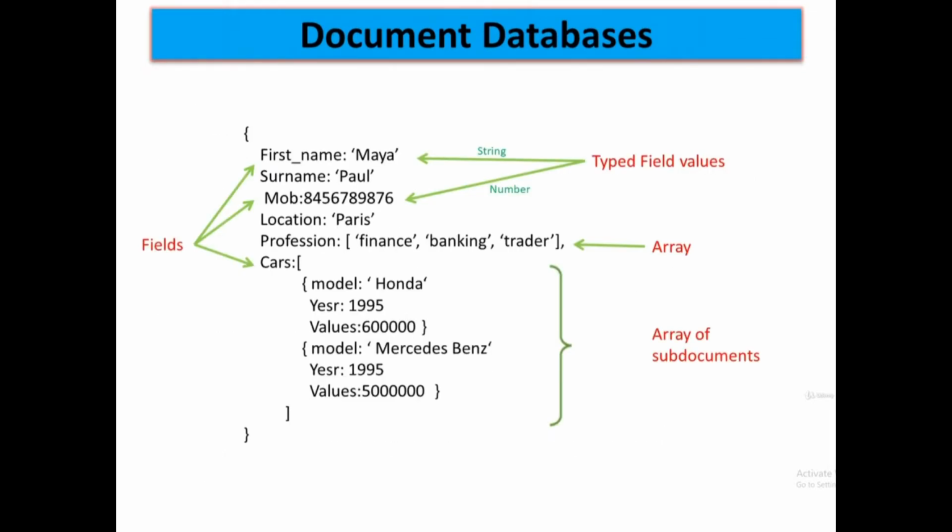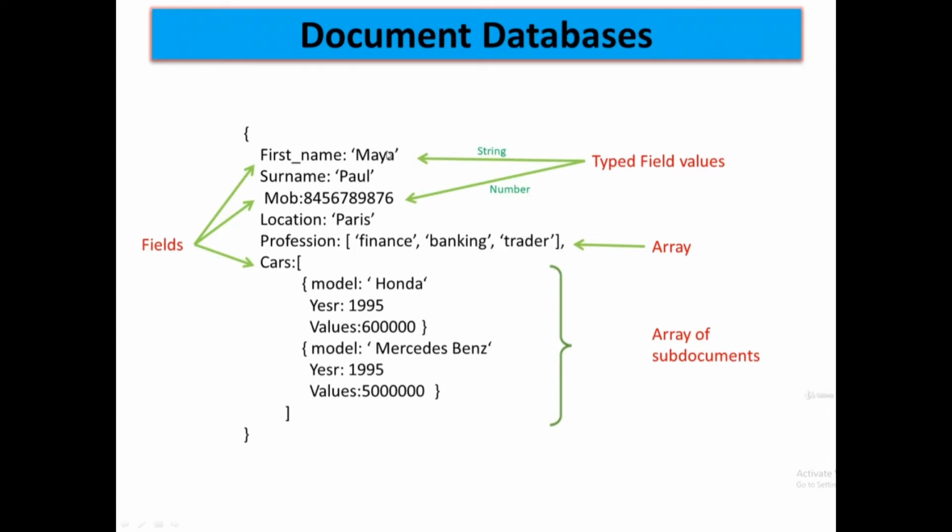This is an example of a document database. So here the data which is stored in the form of key value pairs within these curly brackets shows the document. So here first name is a field, surname, mobile, location, these are the fields, and they have associated values, like first name has a value Maya. So these are the field values.